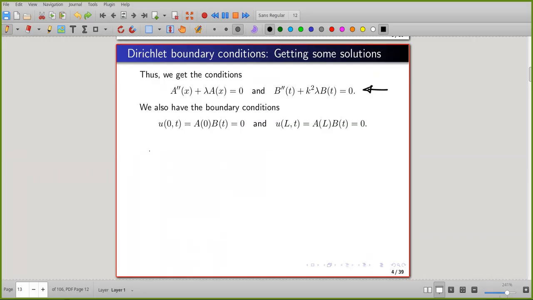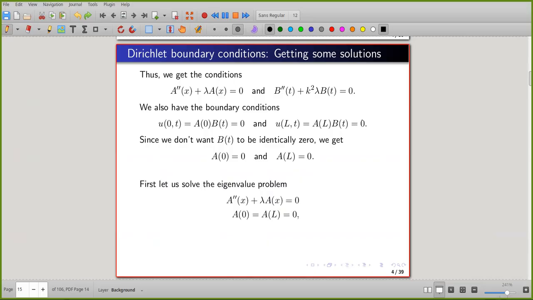And we also have these boundary conditions. So now the whole process repeats. Since we don't want B(t) to be identically 0, we get A(0) should be 0 and A(L) should be 0. So we solve this eigenvalue problem along with these two conditions.